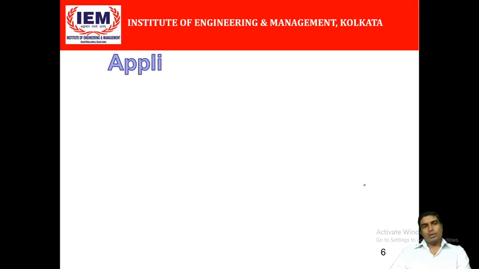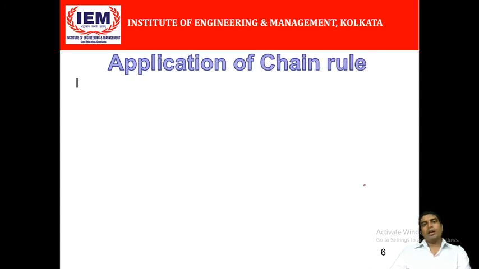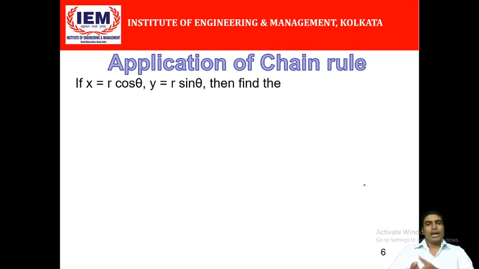Now let us find an application of this corollary in the next example. Suppose we have the same relation, x equal to r cos θ, y equal to r sin θ, and we have to find the opposite Jacobian, that means ∂(r,θ)/∂(x,y).